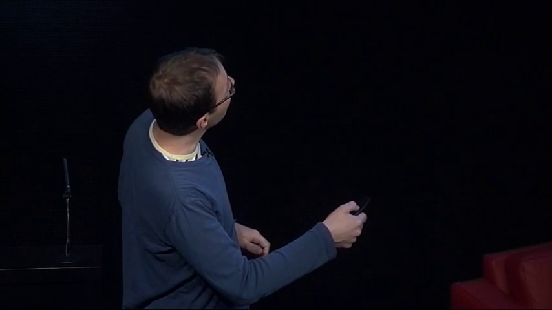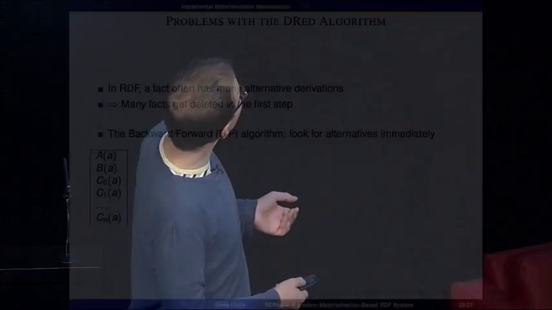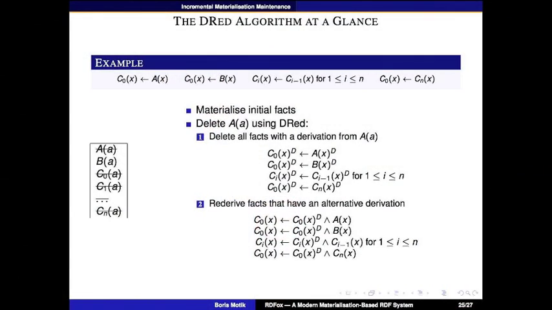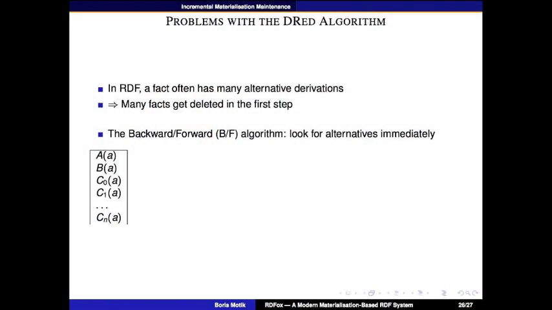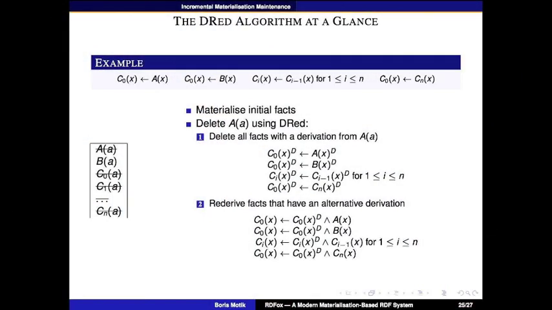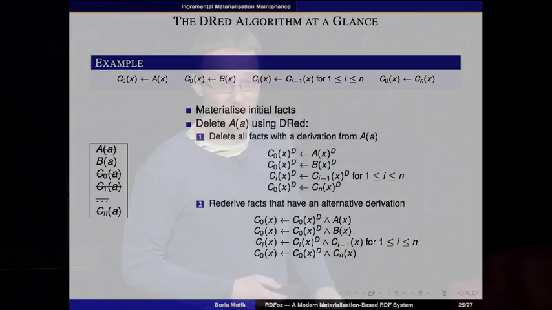So you say, for all of these facts that were deleted, check whether they are still derived. And what you then do is put all those facts back in. There was an animation missing, so I would now have to remove all these lines from C0 to Cn. You had a question?